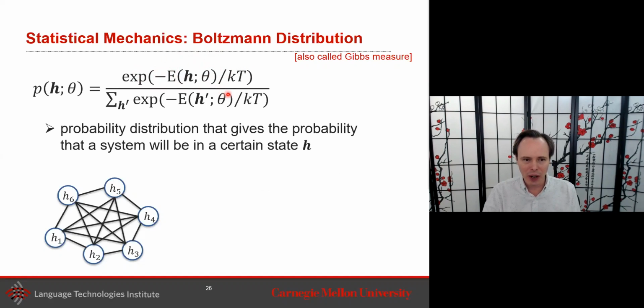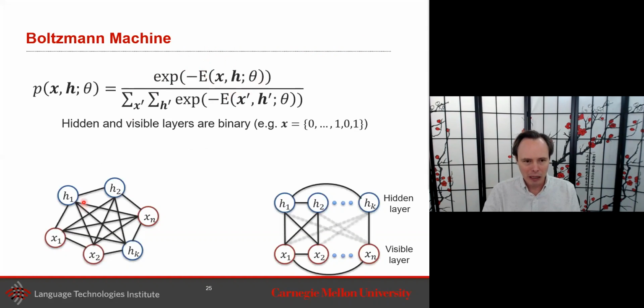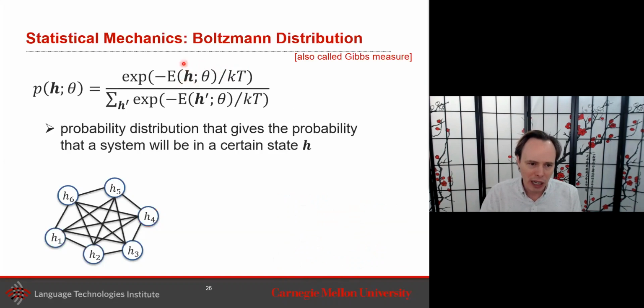This equation is very similar to the previous one, of X and H, just that they're put together instead of having separate observed and non-observed. Originally, everything was observed, or maybe everything is non-observed.